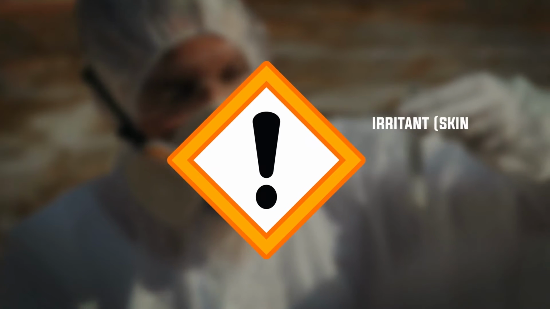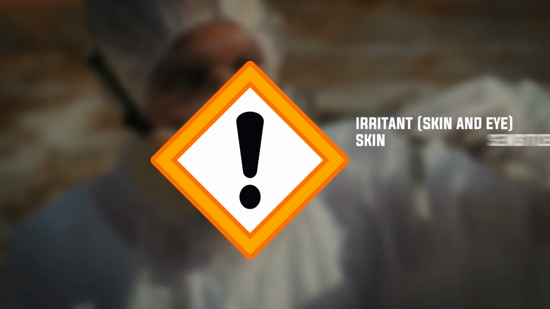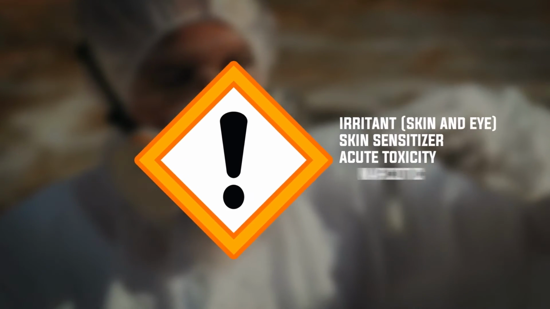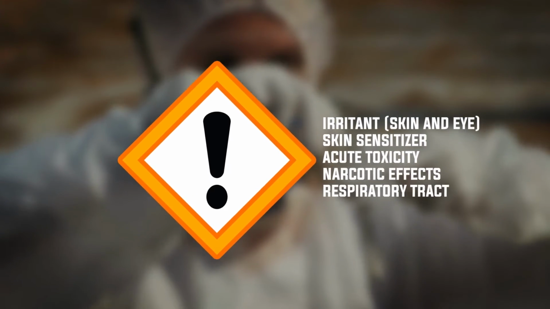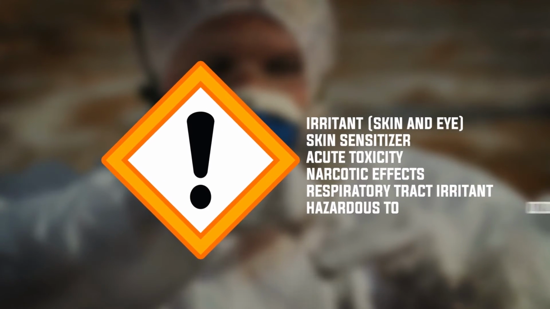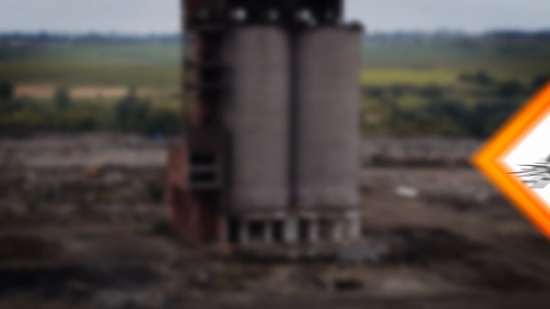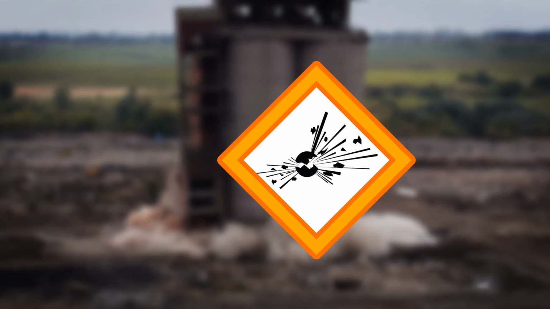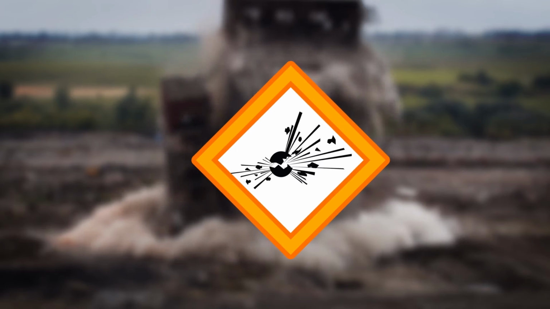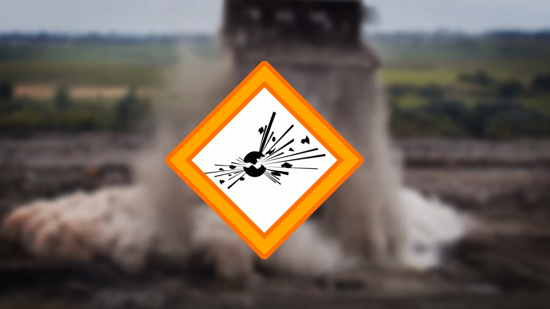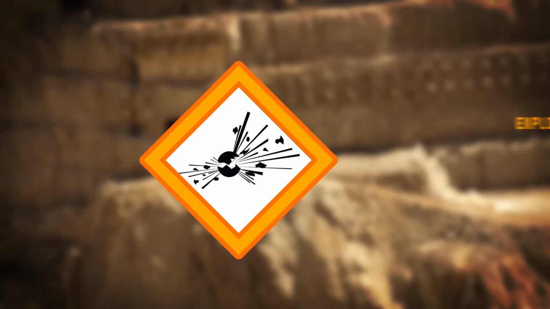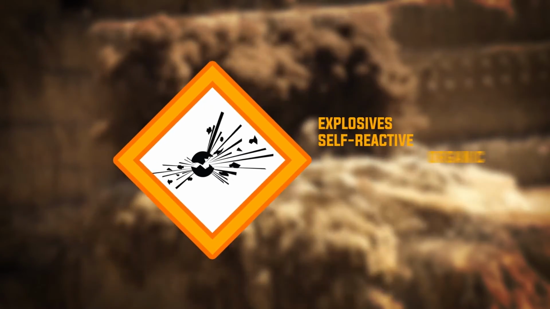This is used on a chemical label for substances that represent the following hazards: irritant, skin and eye; skin sensitizer; acute toxicity; narcotic effects; respiratory tract irritant; hazardous to ozone layer. Next is the exploding bomb pictogram. These icons are normally seen on chemical labels of substances that are explosives, self-reactive, organic peroxides.